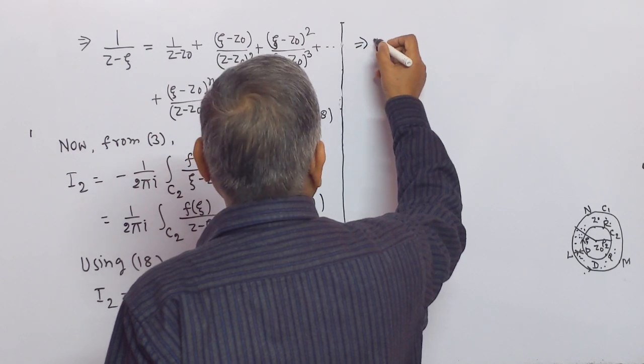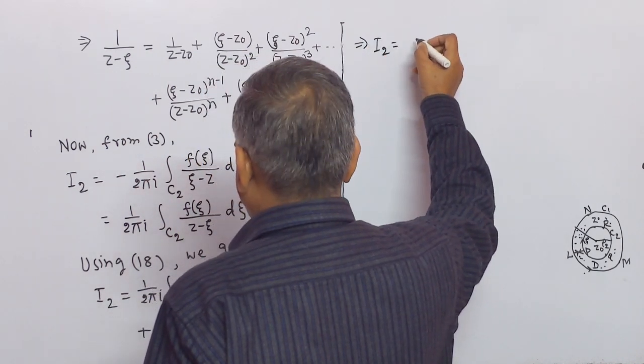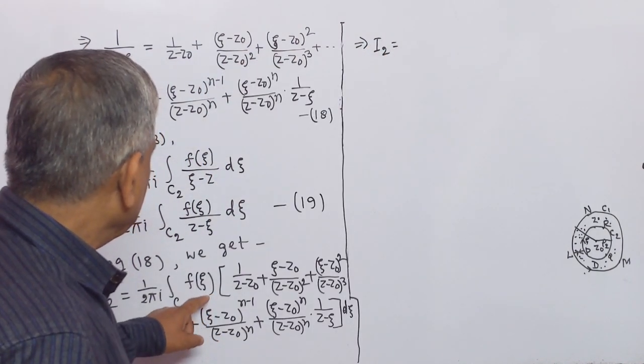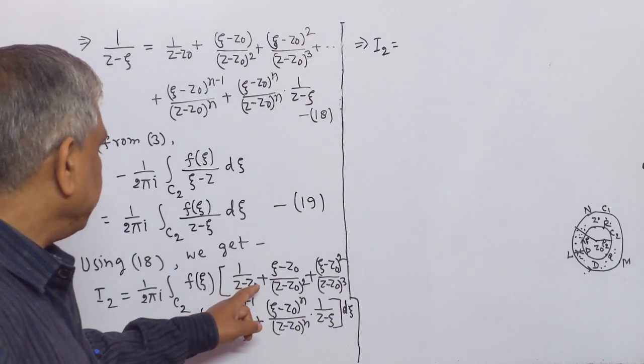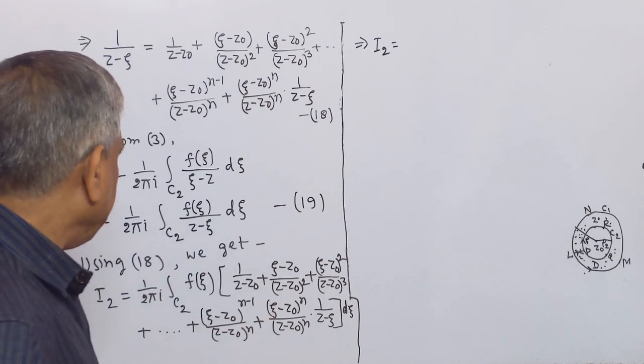Implies that I2 equal to, here the variable quantity under integration is xi, and z naught is treated as constant.